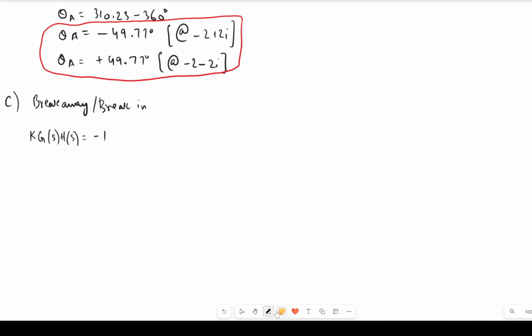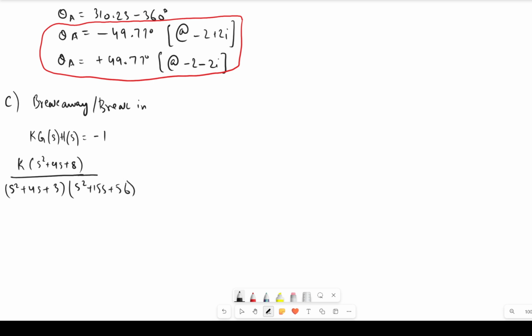Okay, so we'll plug in all these values, which means k times g of s, that means s squared plus 4s plus 8 divided by s squared plus 4s plus 3 times s squared plus 15s plus 56 equals minus 1.